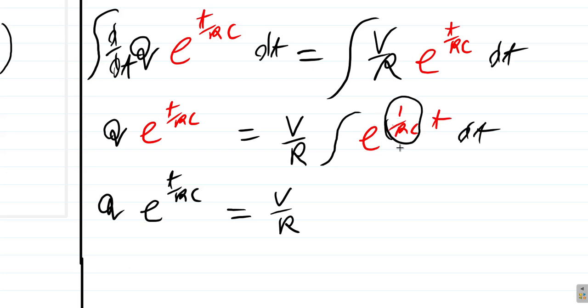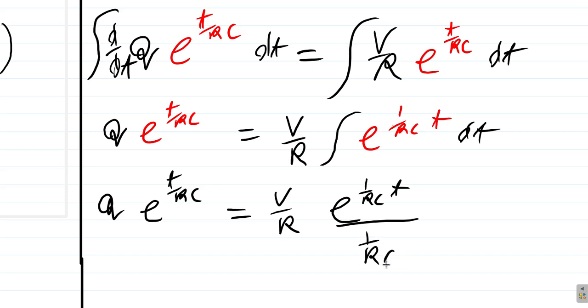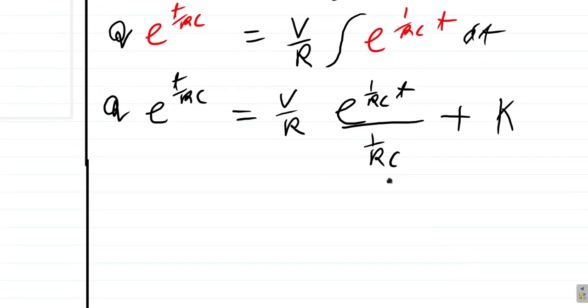So this part is a constant times t, right? So what you have is e to the 1 over rc times t divided by 1 over rc. You divide by the constant, and then plus your constant of integration. C is already being used to represent capacitance, so let's use K for our constant. We don't want to mix up the two C's, right? So that's what we have.